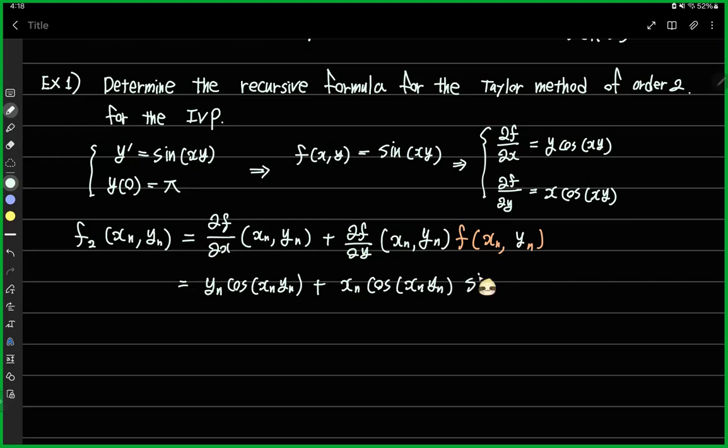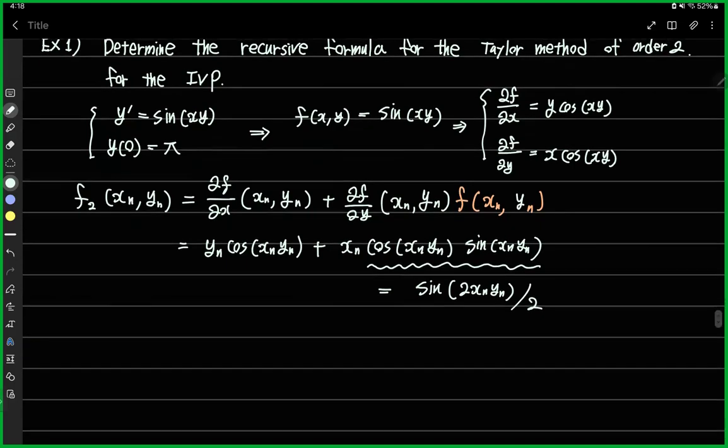F is sine x sub n y sub n. And then let's see, this is equal to what? The sine of 2 times x y over 2, right? Because of the addition rule for the trigonometric identity, right? Okay, so now I think it's done.